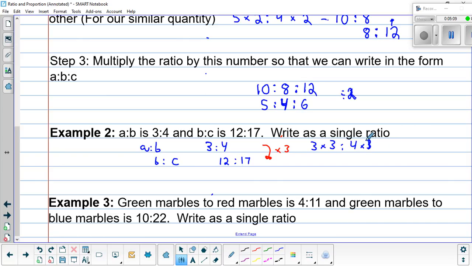And that's going to give me 9 to 12. And the other ratio I'm going to write below is 12 to 17. So in the end, I'm just going to move my 17 up to that top ratio, so I can write it as 9 to 12 to 17.